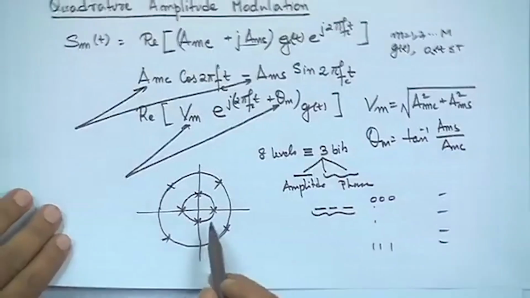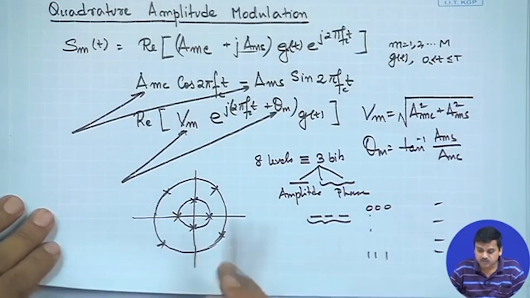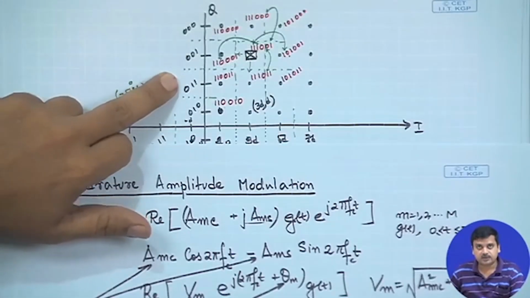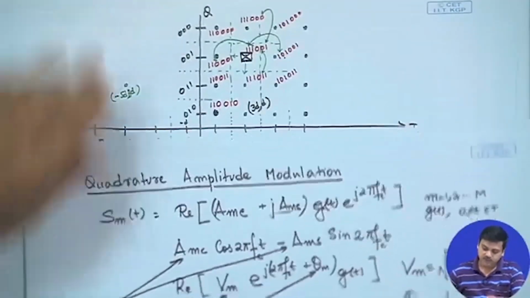There is another advantage of doing it in this way. Instead of taking this, of course, there could be certain advantages of doing it, but there is more advantage in this in terms of ease of implementation clearly. Of course, there could be other reasons of going for a constellation which looks like this.